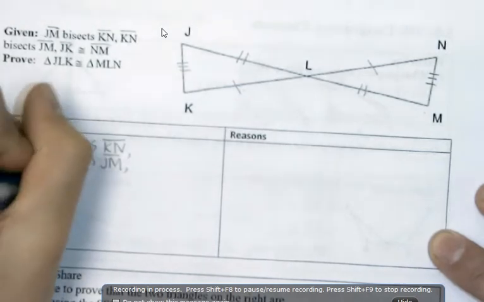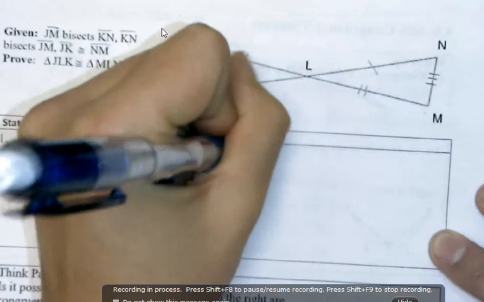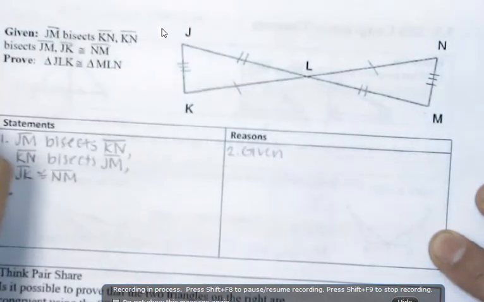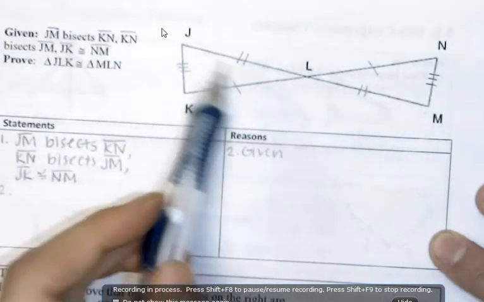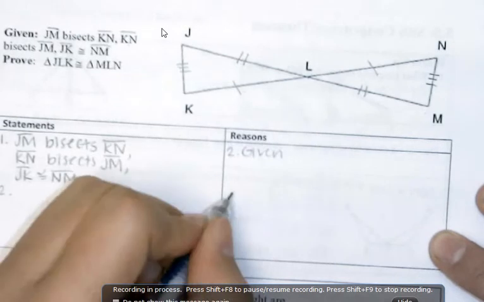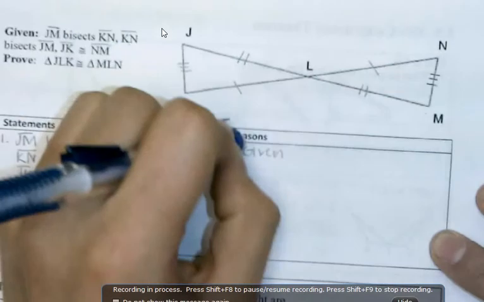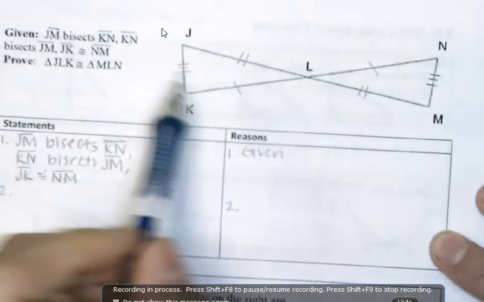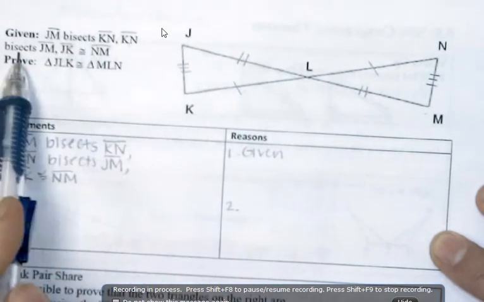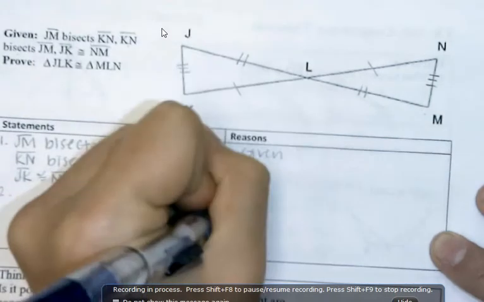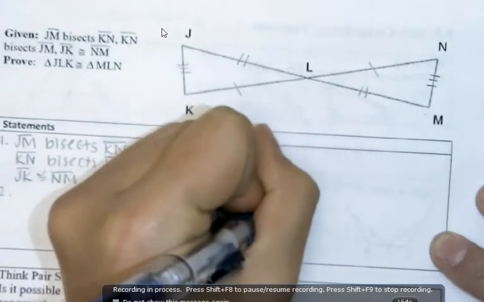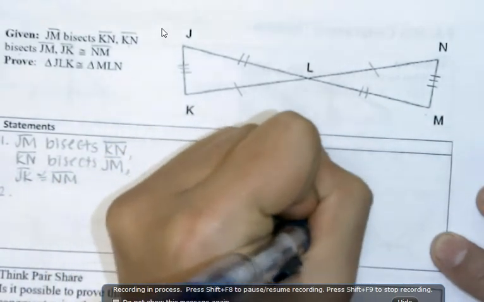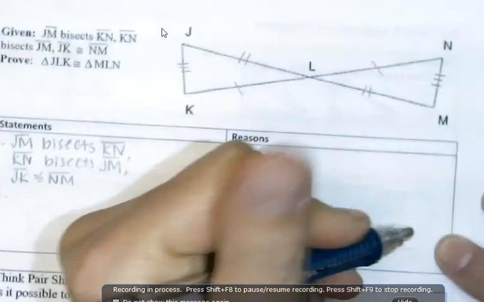The reason, because it is given. So step number 2, and we can actually combine this next step. You could separate if you would like, but we can combine it. So because we're using the definition of bisector twice, we can just write it as one step.